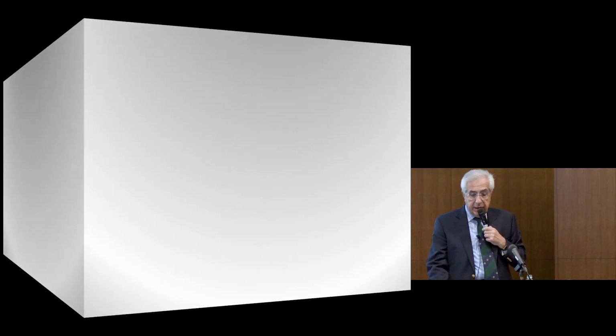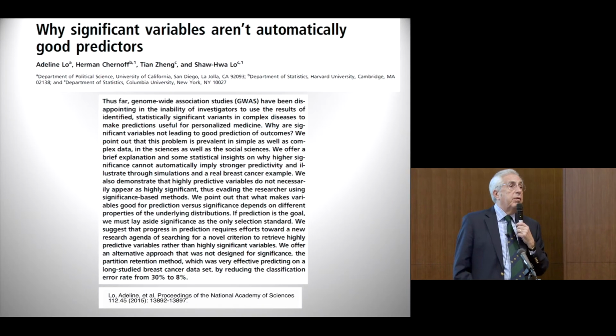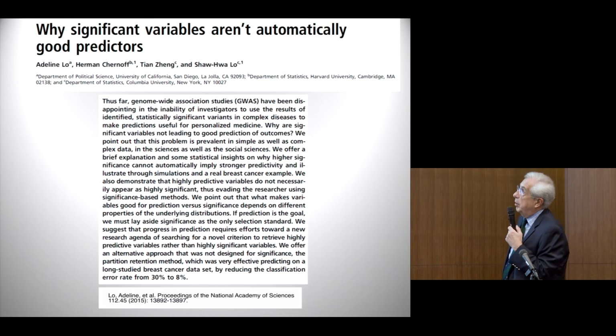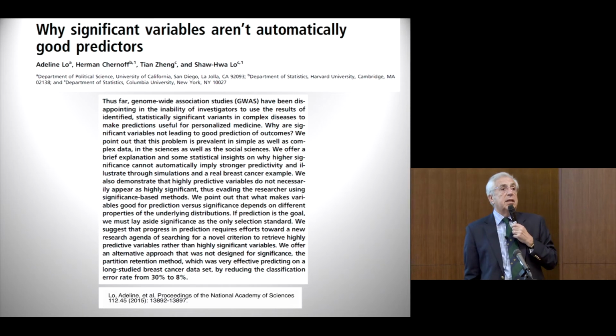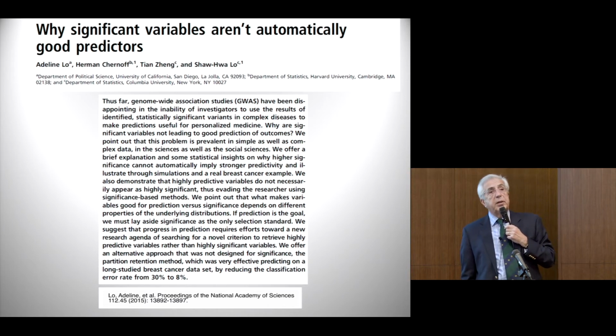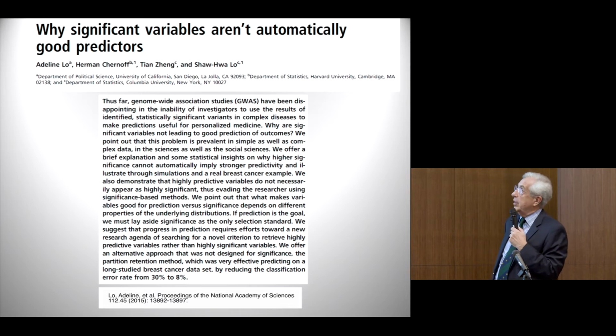Whether that association has a predictive value or not is a very doubtful issue, because statistical significance and prediction are not necessarily related, okay? Sometimes statistical significance leads to better predictions, sometimes it doesn't, and sometimes predictions are better using things that are not statistically significant.